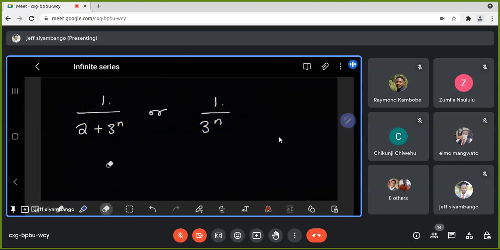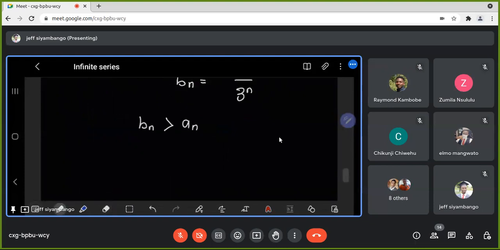Okay, so based on that logic, we can conclude that this Bn we have selected actually plays a good role here. 0 is less than our An, which is 2 plus 3 to the power n. And this An is also less than our Bn, which is 3 to the power n.